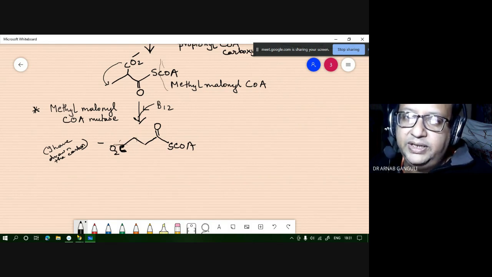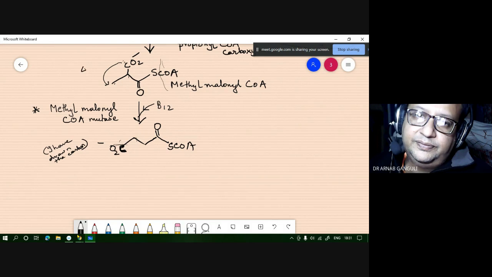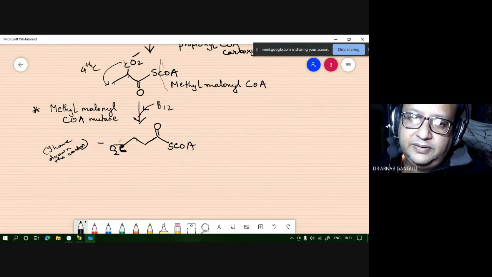What you had over here was 1, 2, 3, and the fourth carbon was here. The fourth carbon goes to the end.